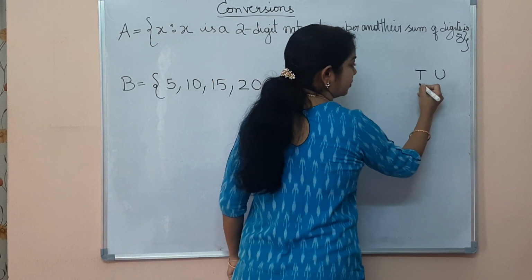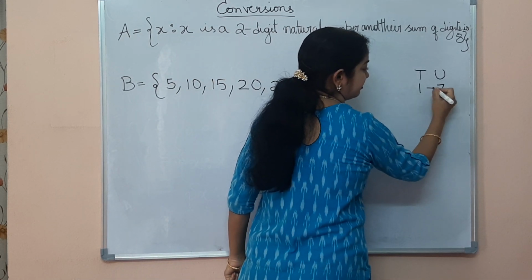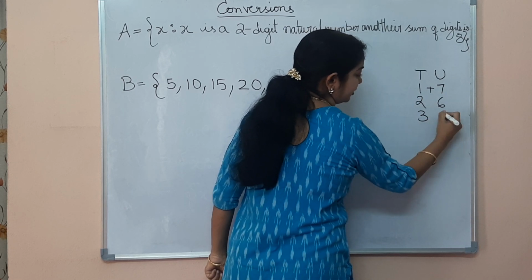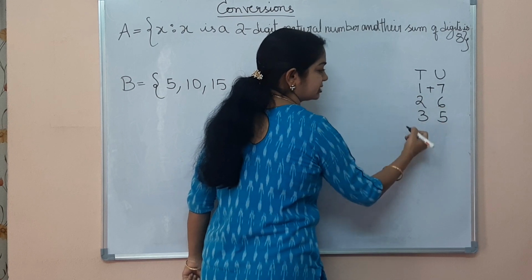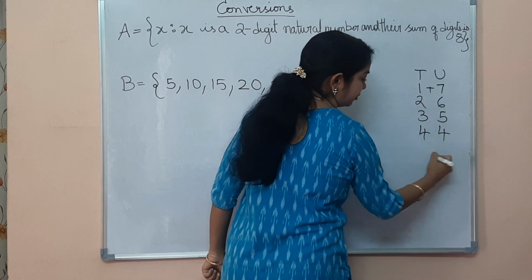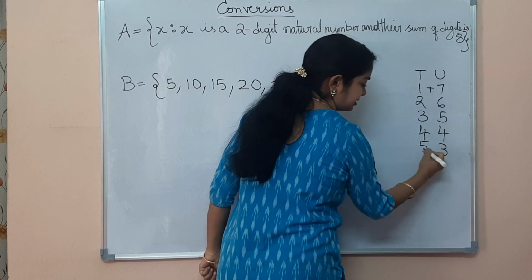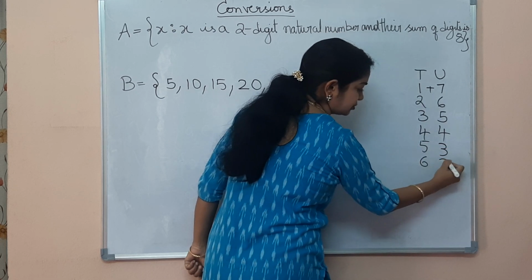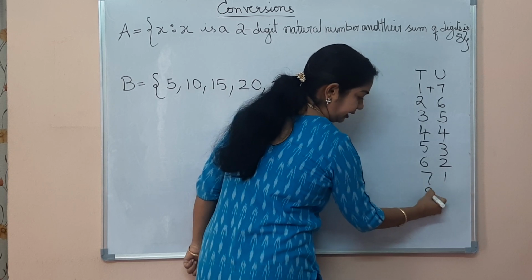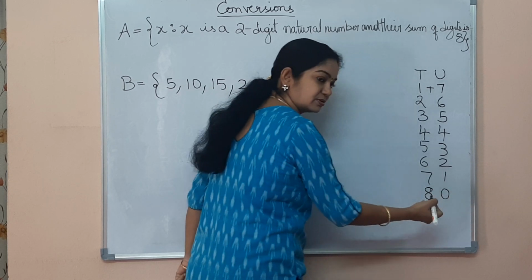If I start with 1, 7, the sum is 8, isn't it? 2, 6, 3, 5. Okay, these are all 2-digit numbers whose sum of digits is 8. 4, 4, again 5, 3 is 8, 6 plus 2, 8, 7 plus 1, 8, 8 plus 0 also 8.